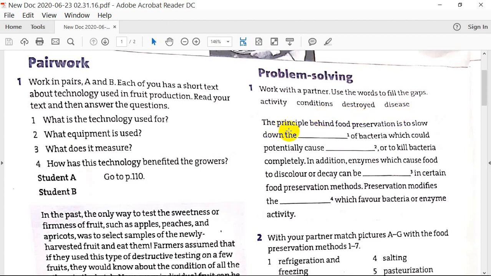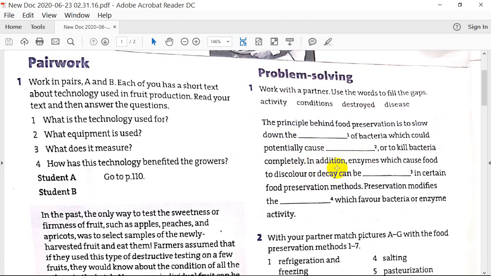The principle behind food preservation is to slow down the activity of bacteria. Bacteria cause what? Disease. So it slows down the activity of bacteria, which could potentially cause disease, or to kill bacteria completely.